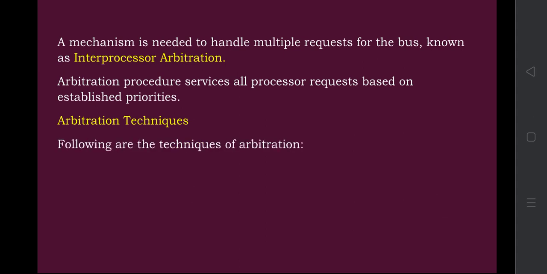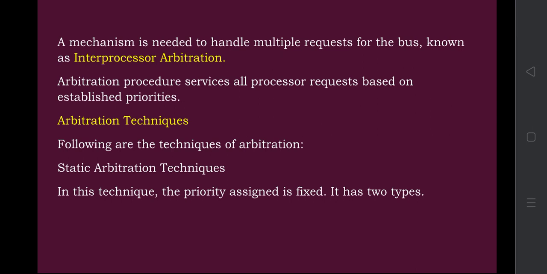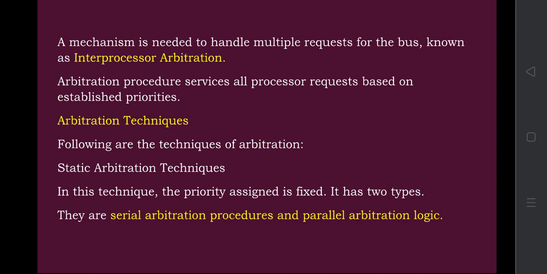The arbitration techniques are of various kinds, which are the serial and the parallel arbitration techniques. In the case of static arbitration, we have two methods: the serial arbitration method and the parallel arbitration method. This comes under the static arbitration technique, which we saw in the previous video.